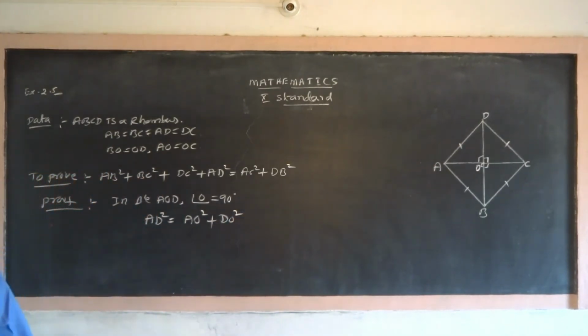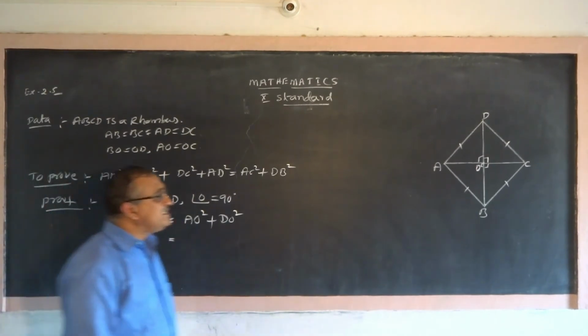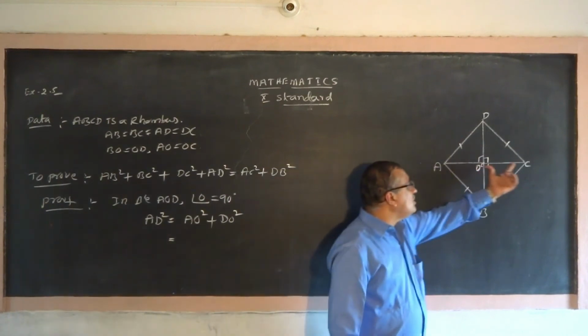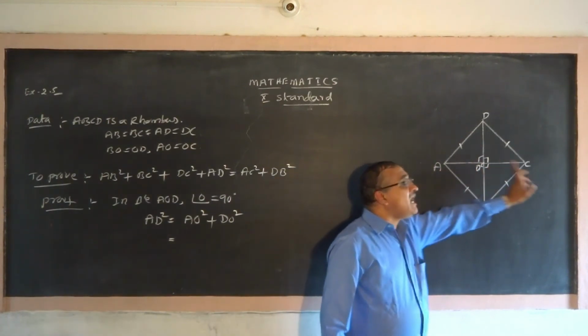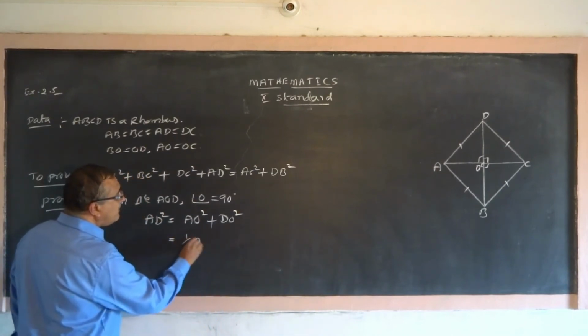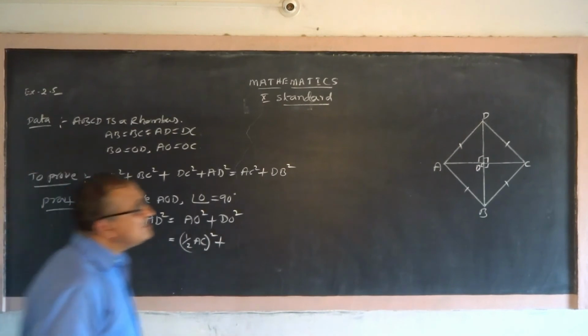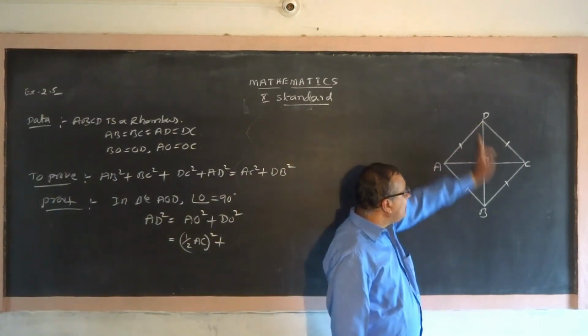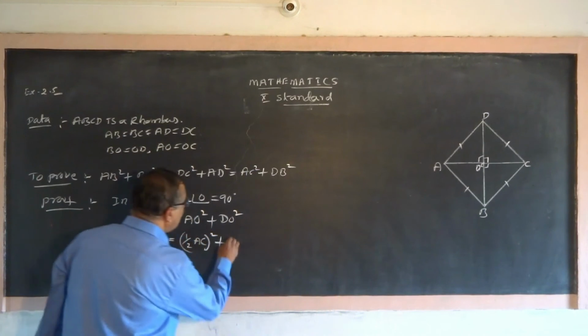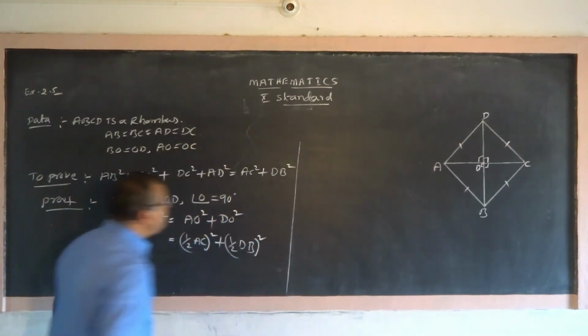Is it right? Then what is AO? AO is equal to OC, so AO is half of AC. AO is half of AC, whole square, plus DO, which is half of DB, whole square.